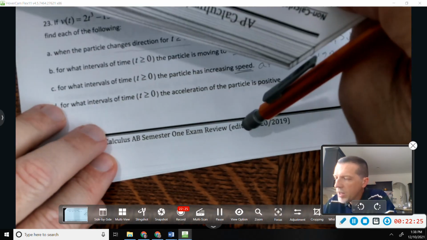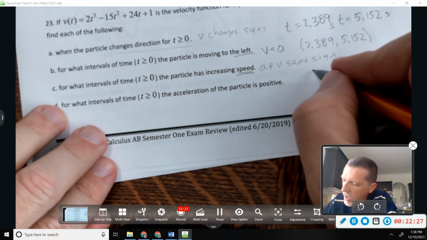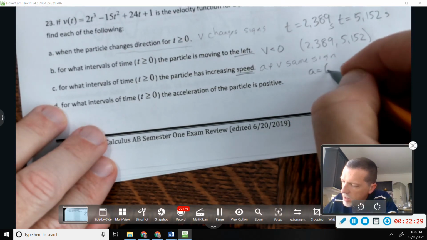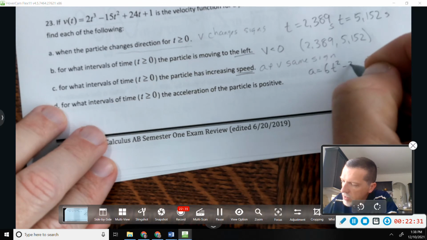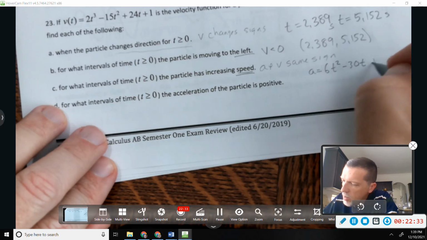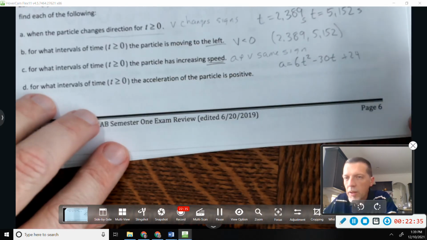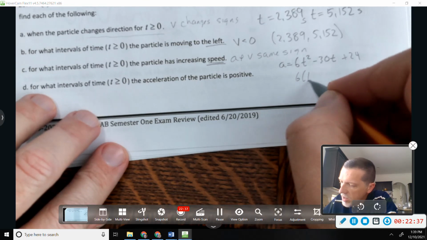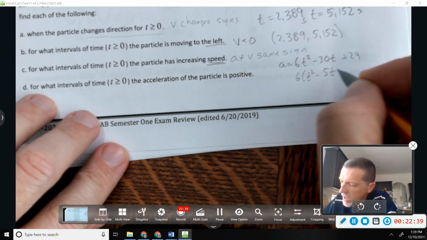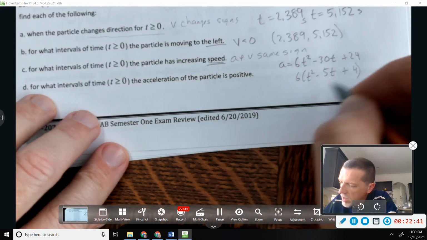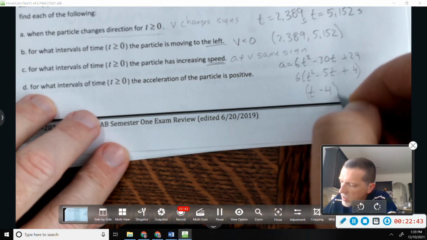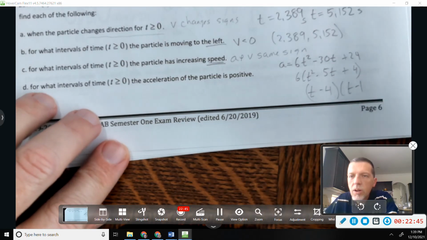So that would mean I need to find A, 6t squared minus 30t plus 24. I was worried about that, but this turned out to be kind of easy. T minus 4 and t minus 1.